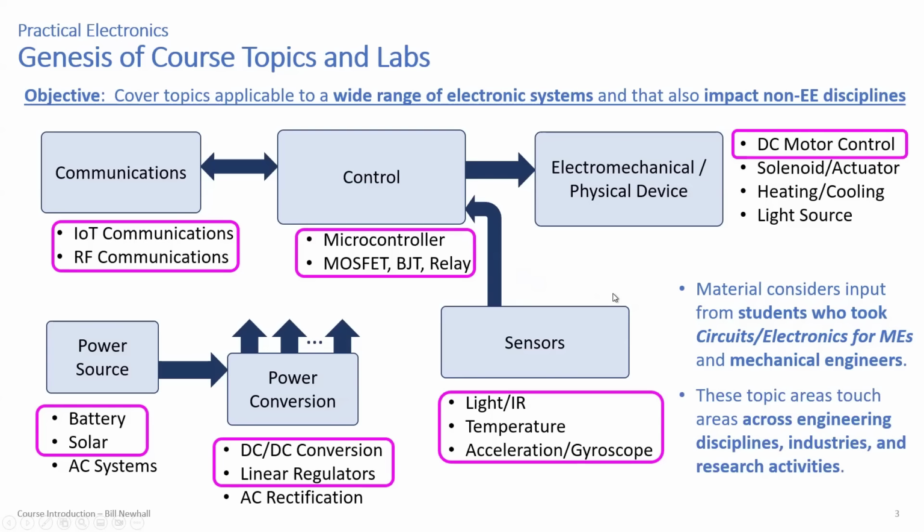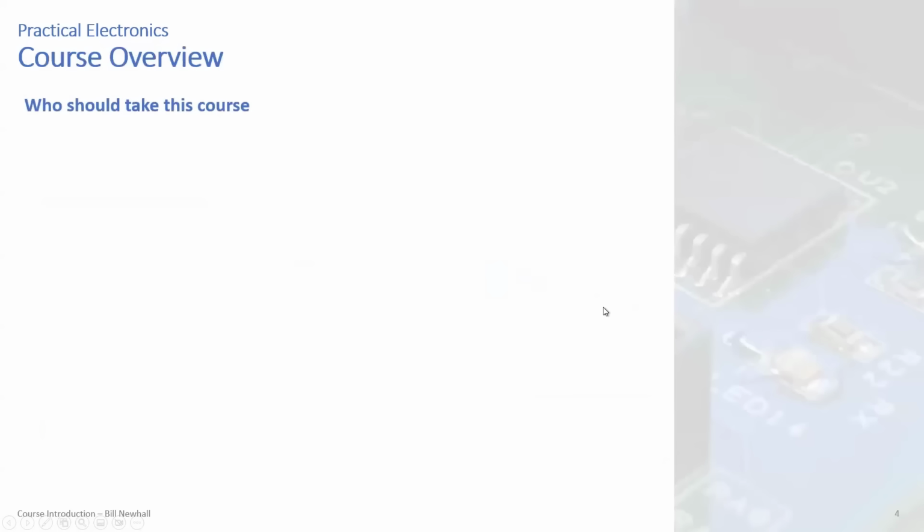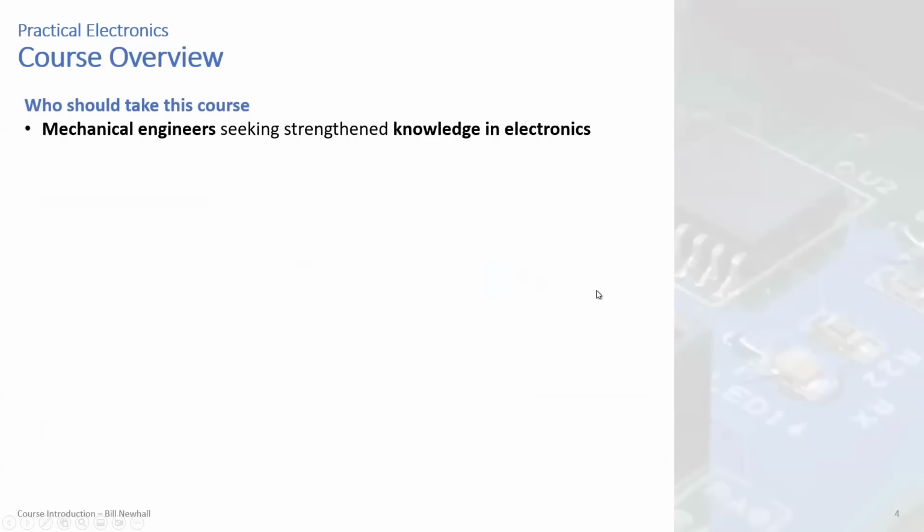The topic areas are meant to cross engineering disciplines and industries or research activities. You may be going out into product design. You may be going out, after you graduate, to perform research, but I think these topics are relevant to whatever you do next. So who should take this course? Mechanical engineers.